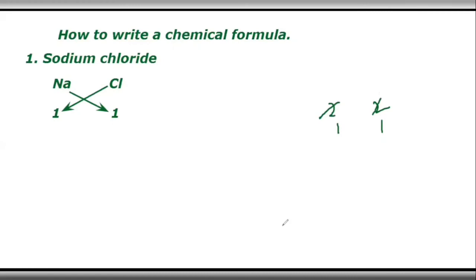So we have to keep this in mind while writing the chemical formula. Now from here we get Na1 Cl1. Since the valencies are 1 and 1, we need not write them, so we can simply write the formula NaCl. Finally, this is the chemical formula for the compound sodium chloride.